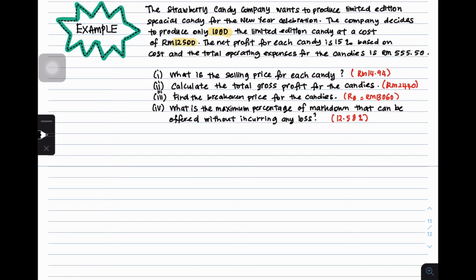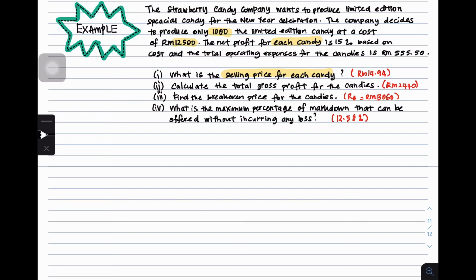It means to produce these 1,000 pieces, the cost is RM12,500. The net profit for each candy is 15% based on cost, and the total operating expenses for the candies is RM555.50. So it asks, what is the selling price for each candy?